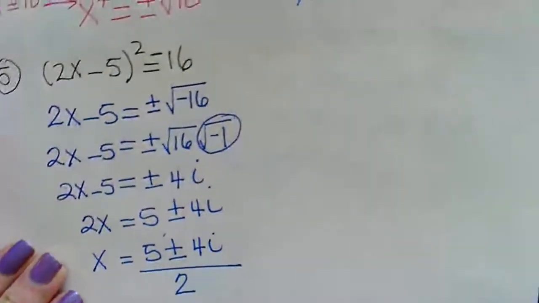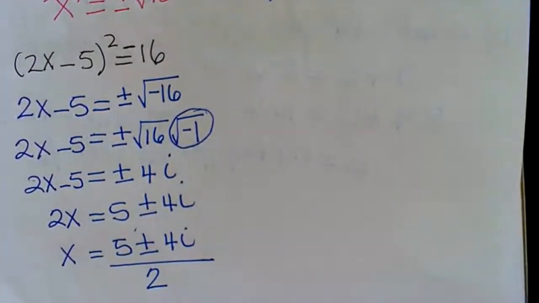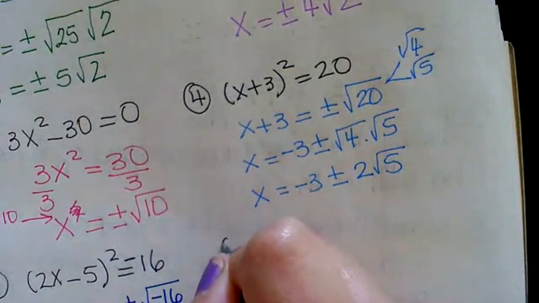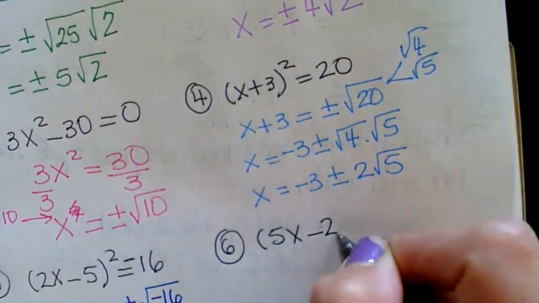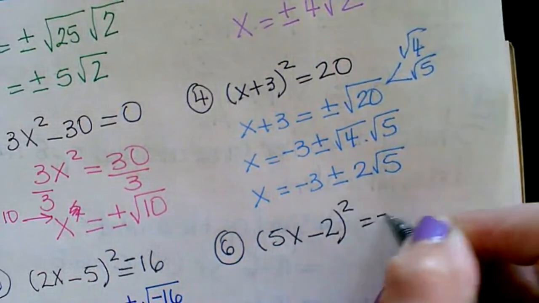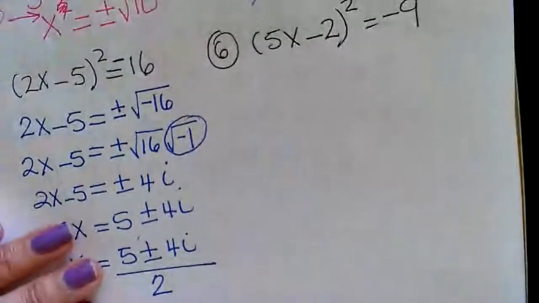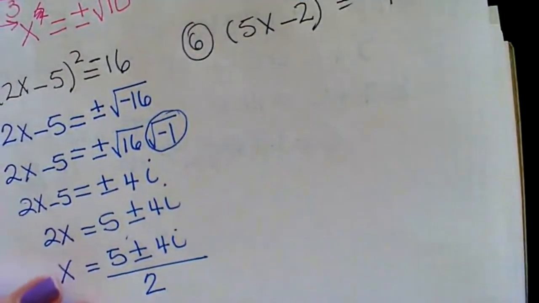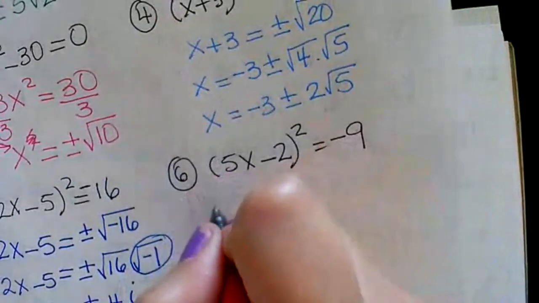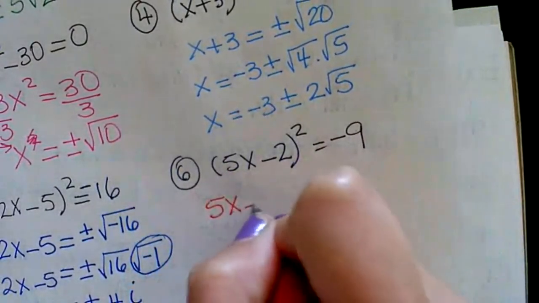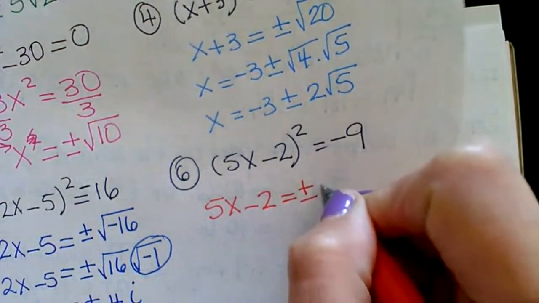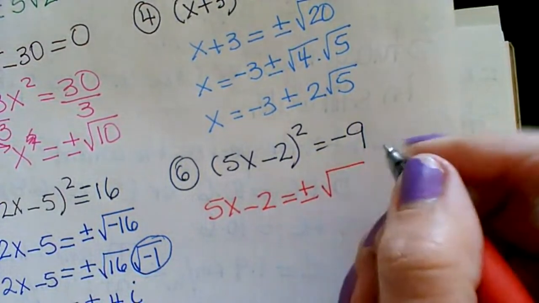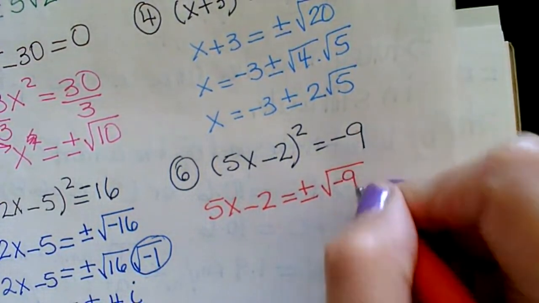And the last one that I have here is pretty much the same as this one. That one is 5x minus 2. Okay, so we know it's 5x minus 2, and that's equal to plus and minus the square root of negative 9.